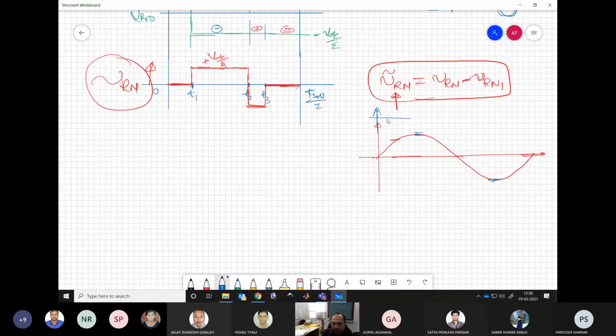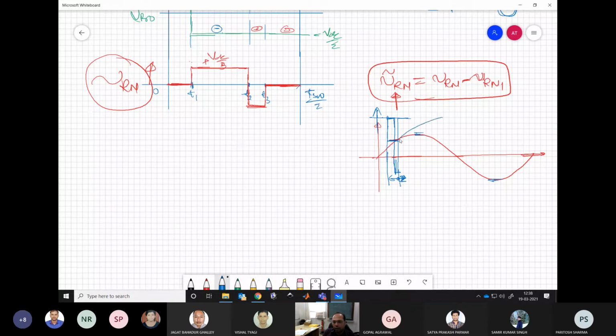Now, this we are trying to realize through our PWM waveform. For realizing this voltage, we apply VDC by 2 positive for some time and then negative for some time over this switching cycle, up to here. Now you understand what is happening.